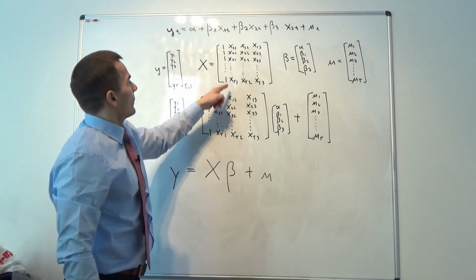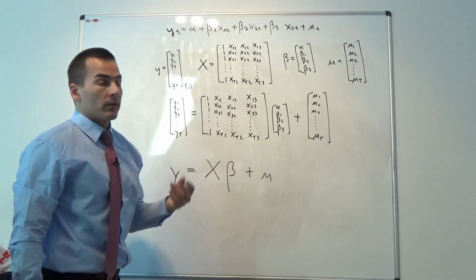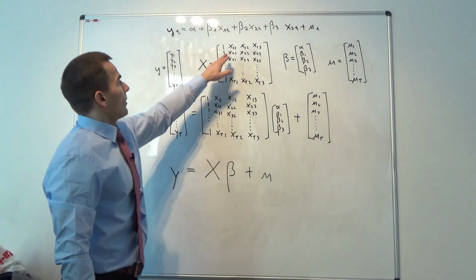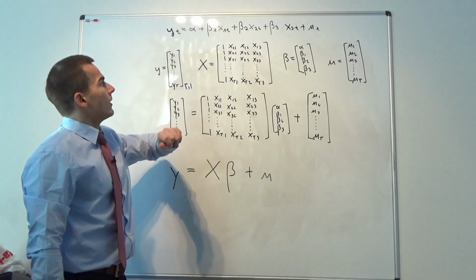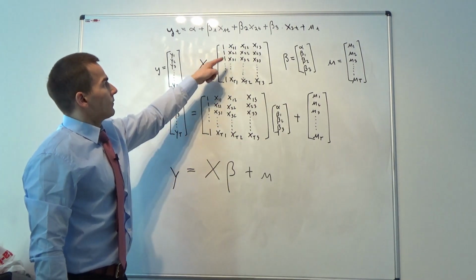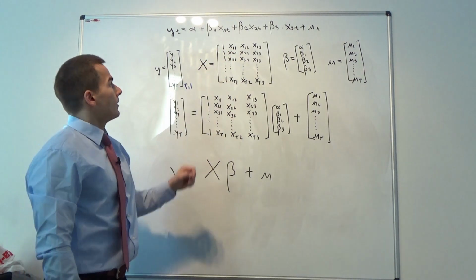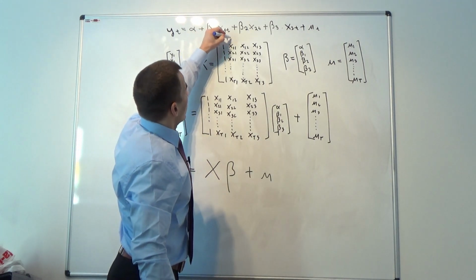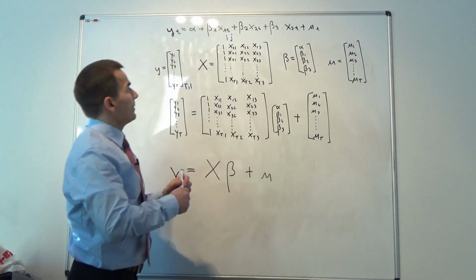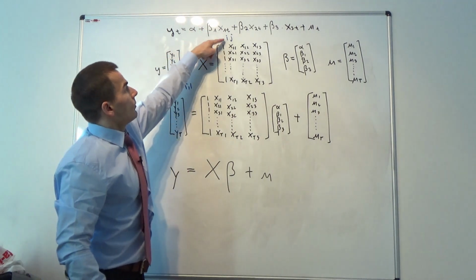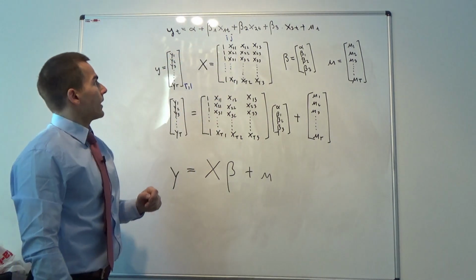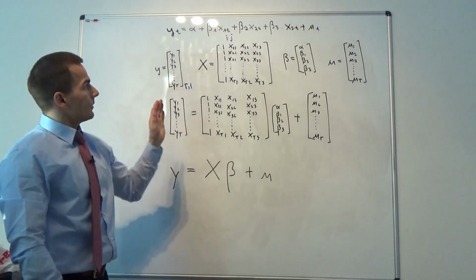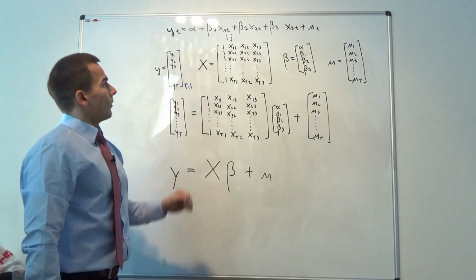In the second column we stack the observations that we have for the first regressor. So the first observation is x11. The second observation is x21. Obviously we have here the index ij, where i denotes the rows and j denotes the column. We know that we have in the rows the time dimension, and j is the cross section of our regressors.